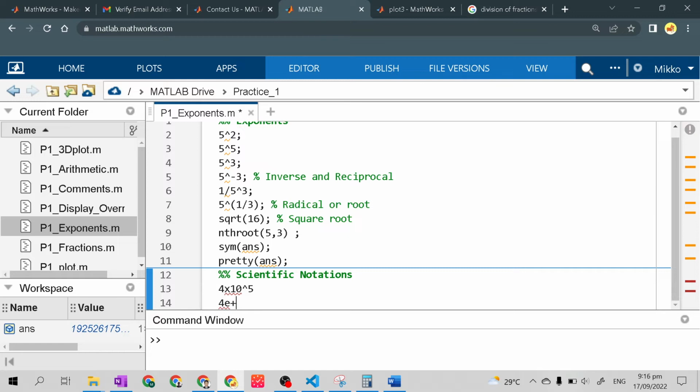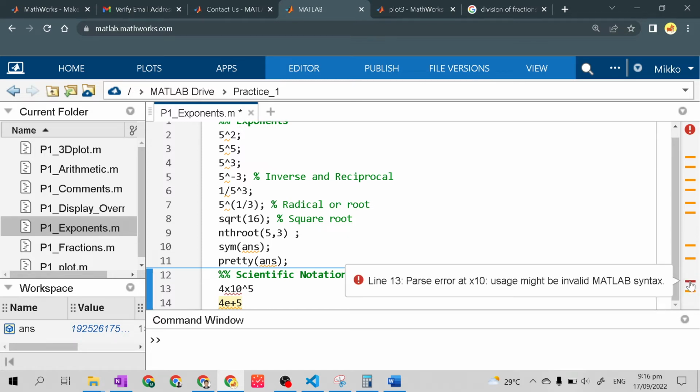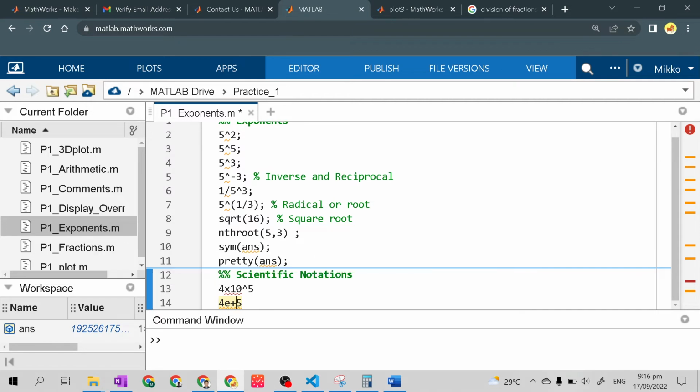Let's try to make it a positive 5 and see if it works. Oh, it will not work. It has an error.